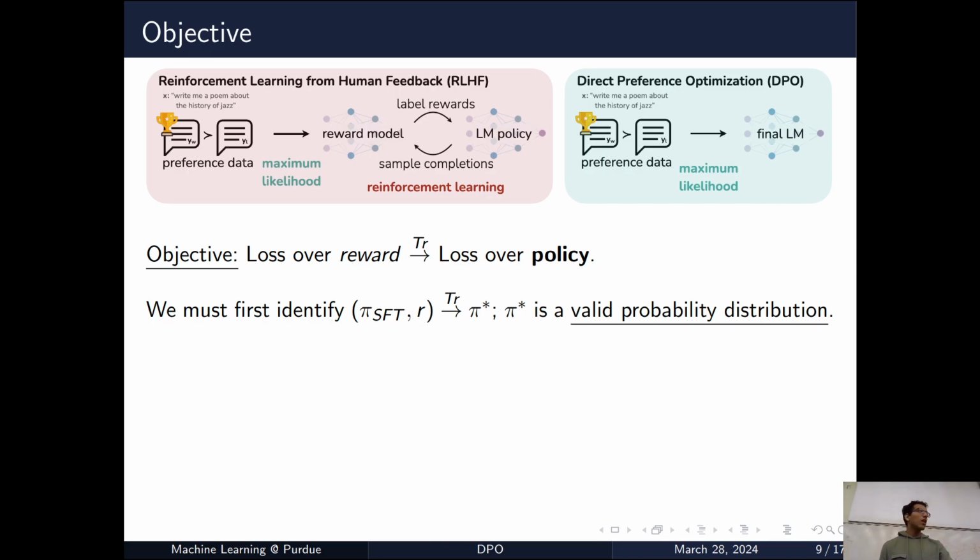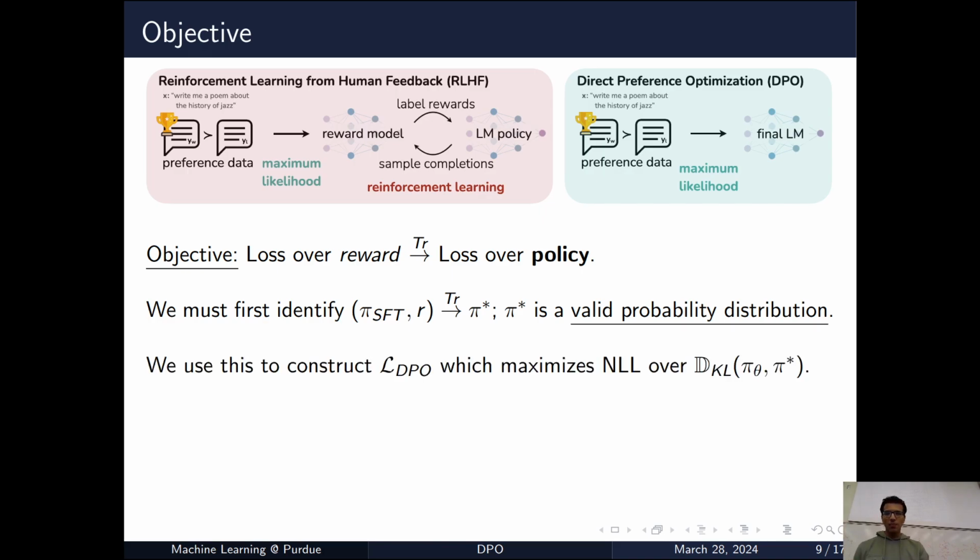That itself gives us our final answer, and we can use maximum likelihood to get a language model that is preference-tuned. So we construct a DPO loss, which maximizes the negative log likelihood over the KL divergence of pi sub theta with pi star, which is our optimal policy.